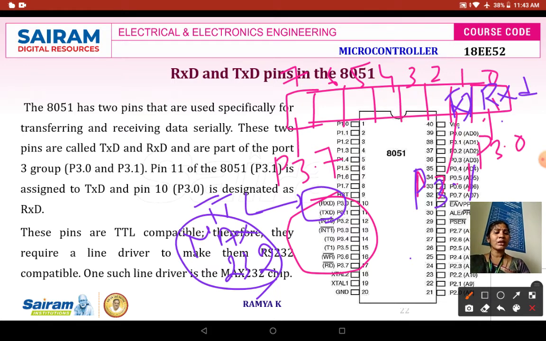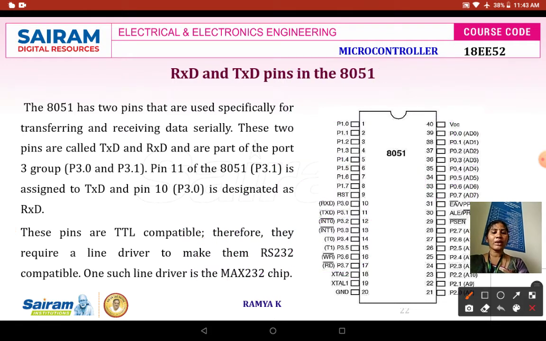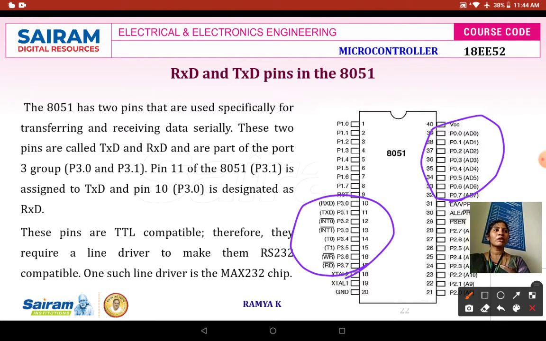while sending or receiving the data, it will send or receive erroneous data because it needs an external driver circuit. In microcontroller 8051, only port 0 will be driven with the external voltage. Why? Because it is not compatible. Apart from that, port 3, port 2, port 1 all are compatible with your TTL logic. So the MAX232 chip is not required to be connected with port 3 in case of your 8051 microcontroller.